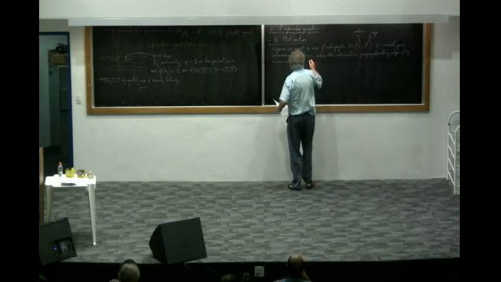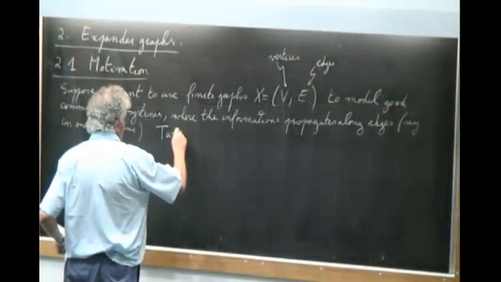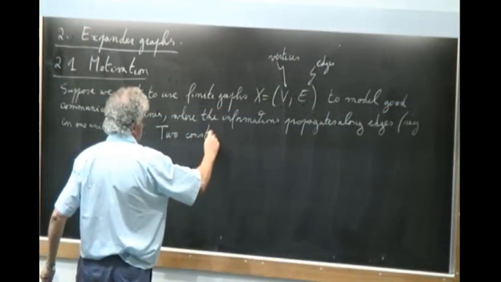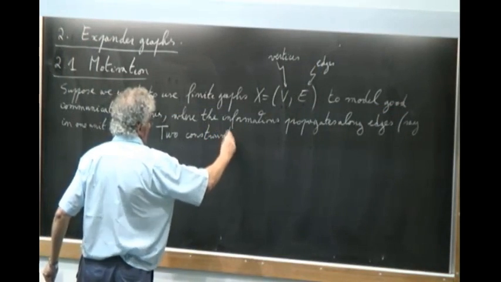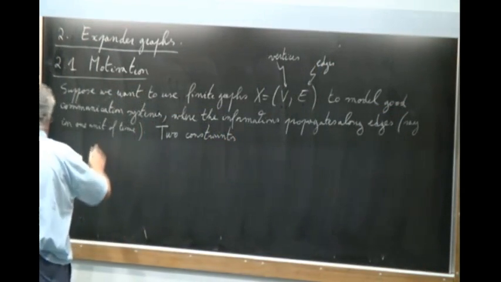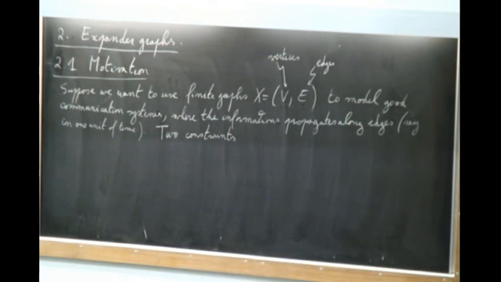And okay, there are two constraints. And we will see that these constraints are antagonists. There is a tension between them.